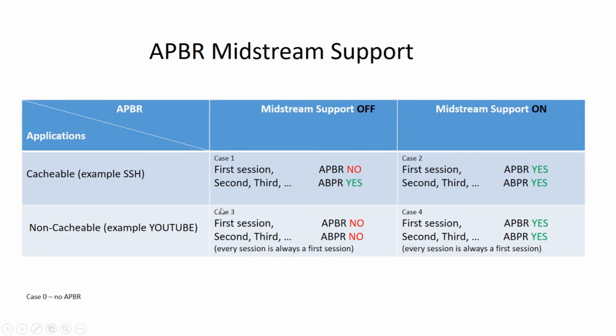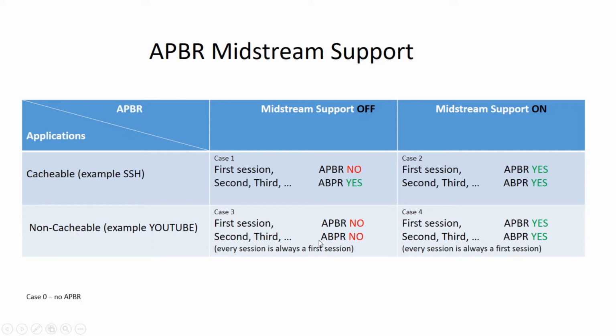We are now in quadrant number 3, case 3. We are looking at application of APBR with midstream support switched off. And as an example, we will be looking at YouTube as a non-cacheable application.